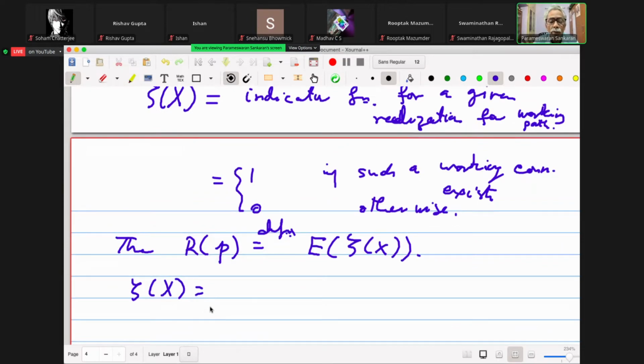That's our aim. So we just write this in terms of symbols. One if there is a working connection, correct? So this is nothing but 1 minus product of indicator function of pi not working.